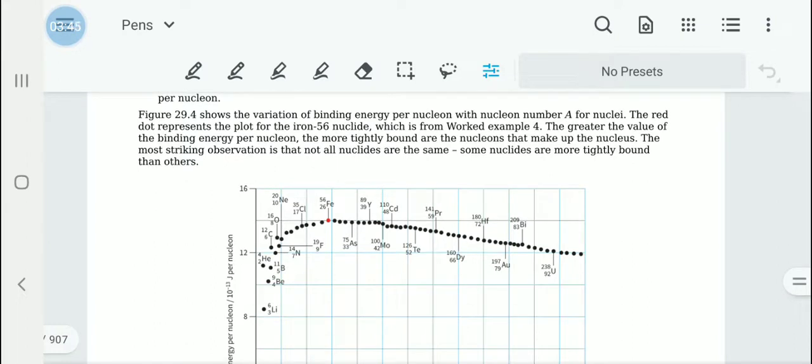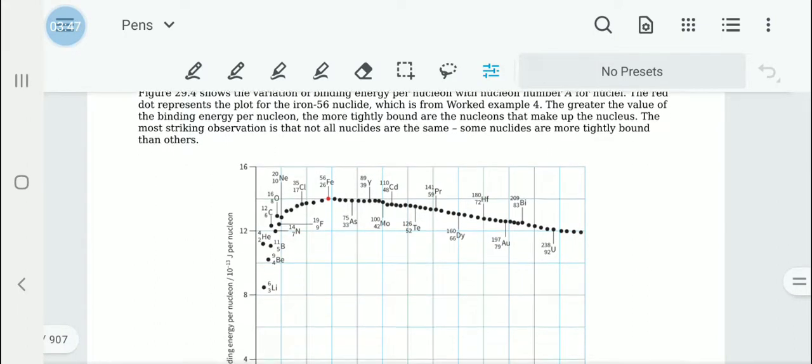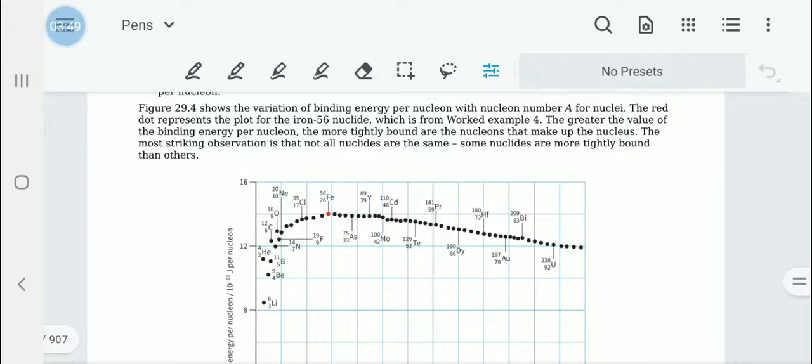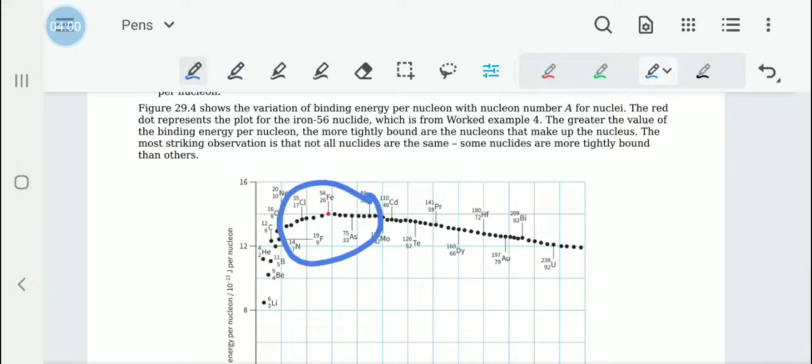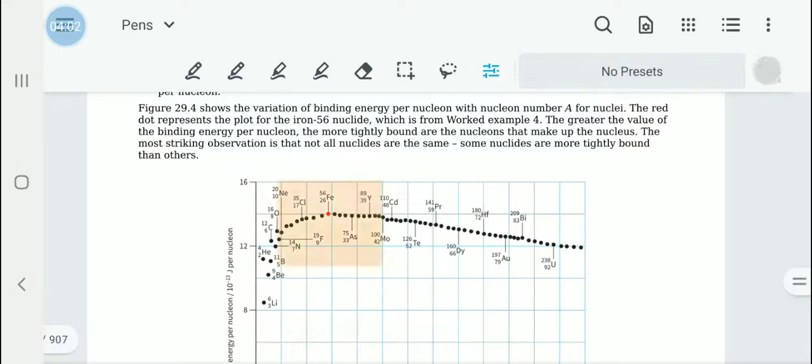This figure shows the variation of binding energy per nucleon with nucleon number A for nuclei. The red dot here represents the plot for the iron-56 nuclide, that is Fe-56, 26, from worked example 4.